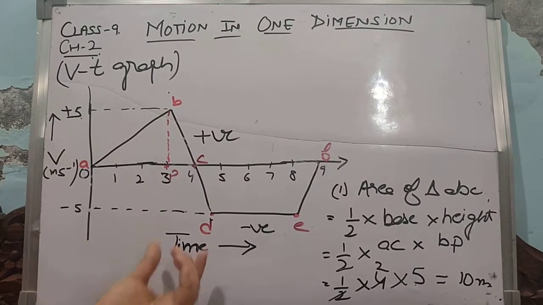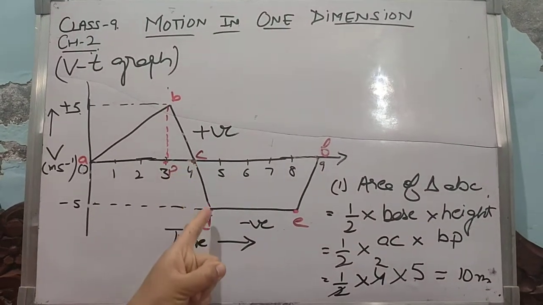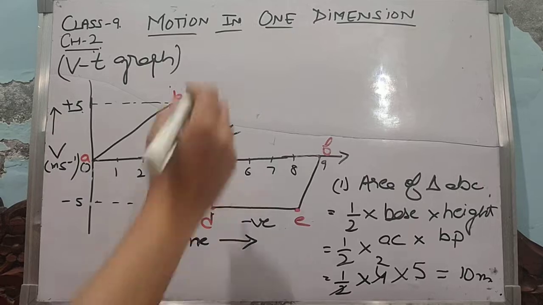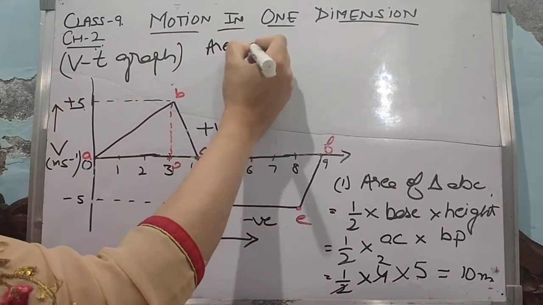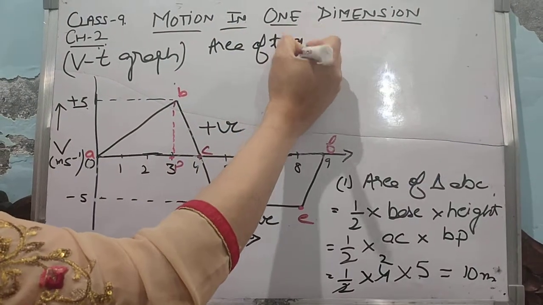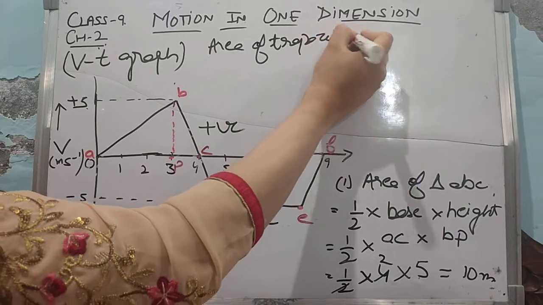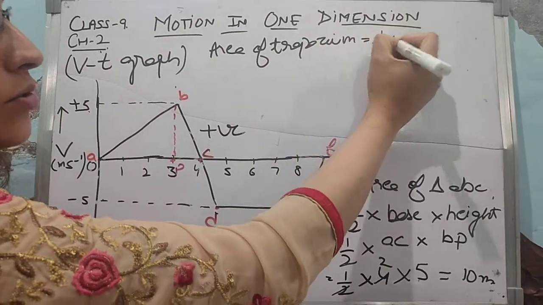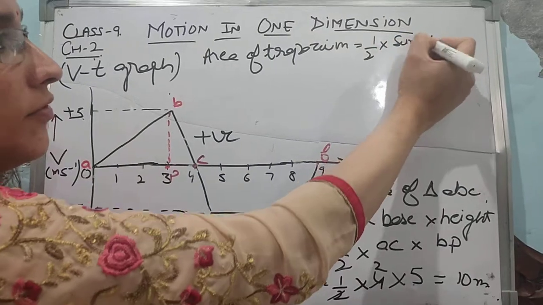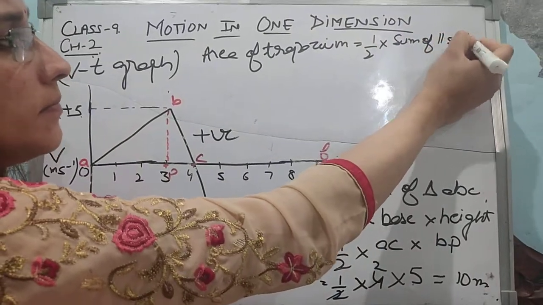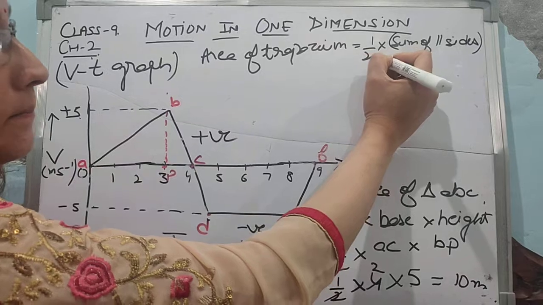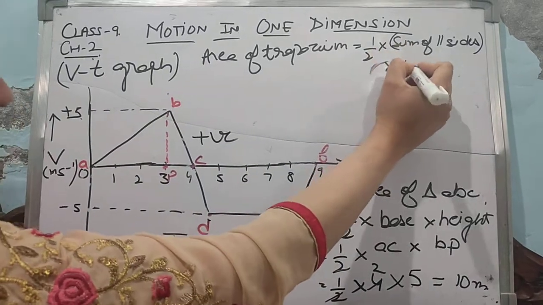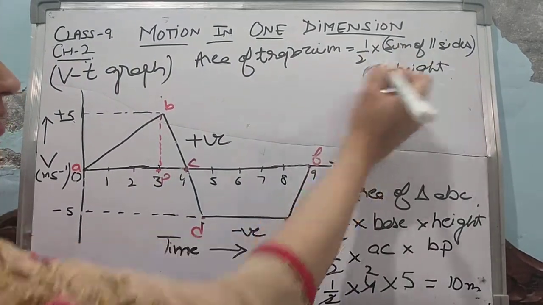So second part is we have to find area of trapezium CDEF. Now we know the formula for area of trapezium. What is the area of trapezium, students? It is half into sum of parallel sides into height. Right?